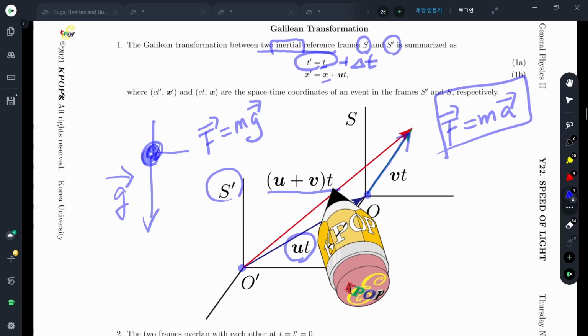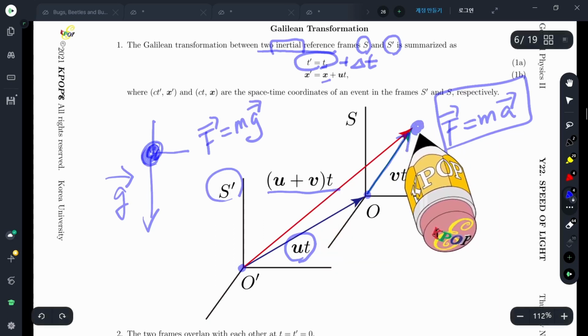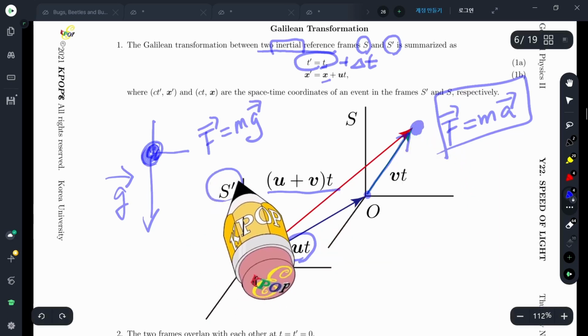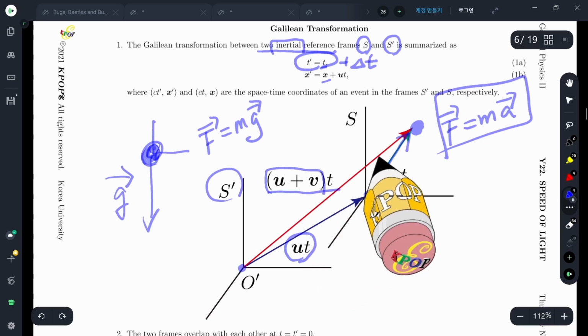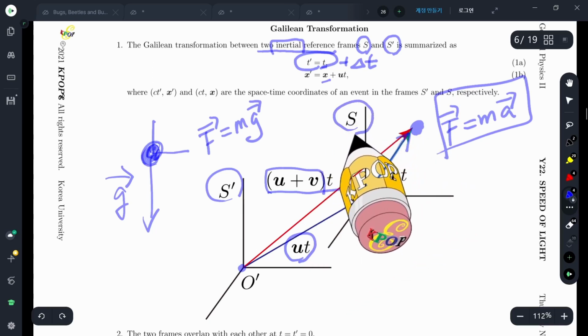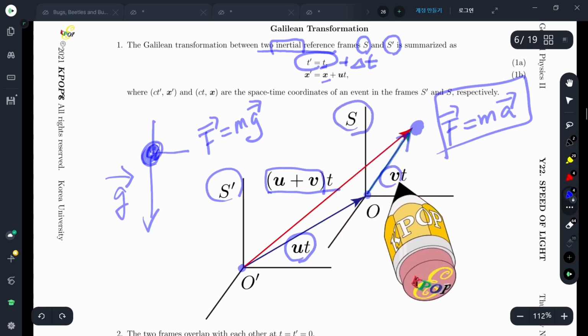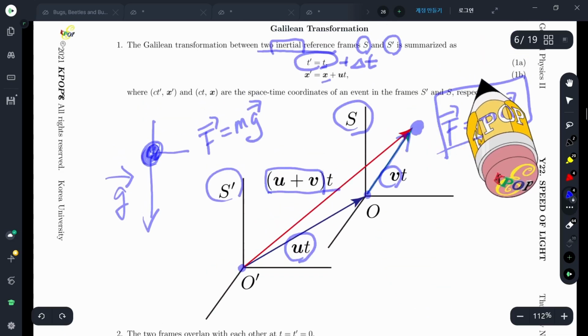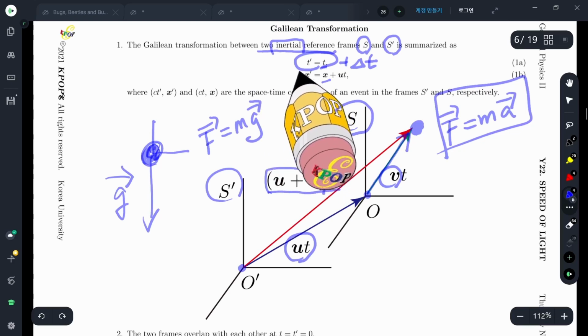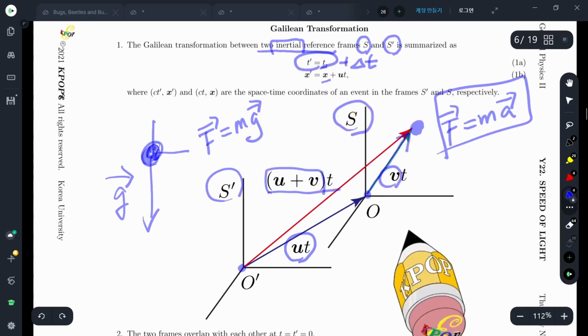Hence, the velocity of the same object described in the system of S prime should be u plus v, while the velocity of that particle described in S should be v. That can be found by taking the time derivative of this formula.